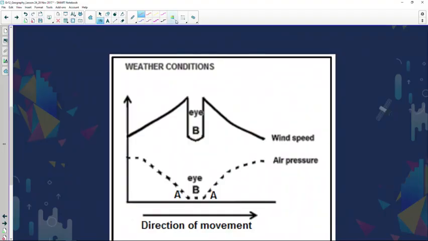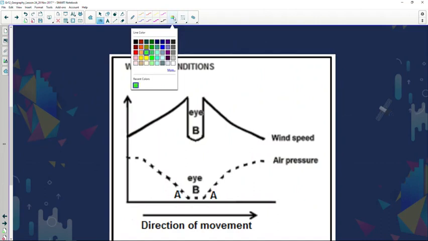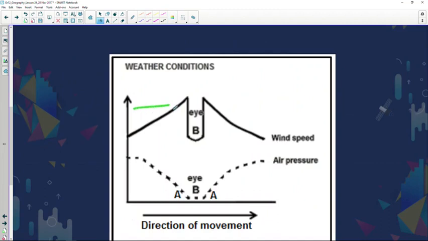Okay, the one line graph, the solid line represents the wind speed. Now immediately what I can identify, the wind speed increases towards the eye, as you can see over there. The wind speed is the highest at the eye wall. And if you look at the pressure, the graph that's represented by pressure is a dotted graph line.